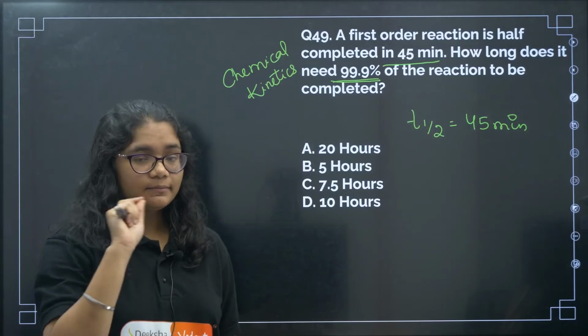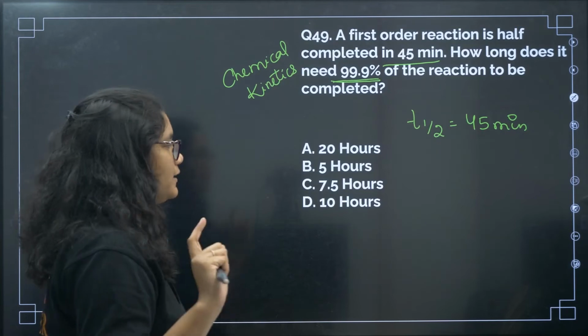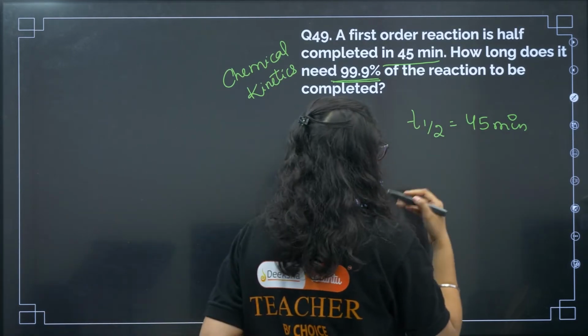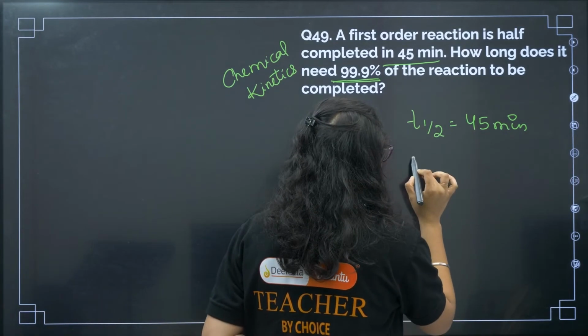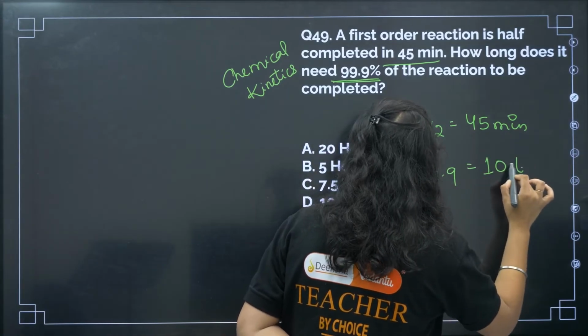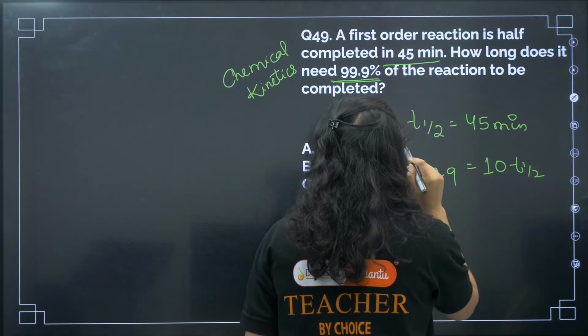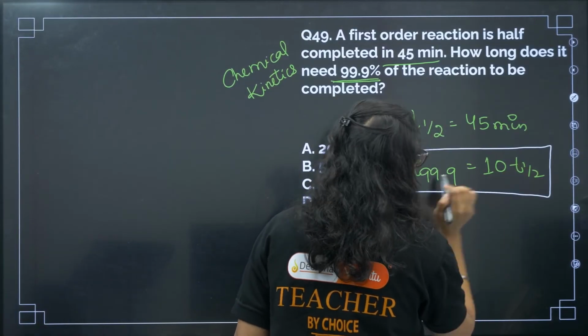This question can be done in a very lengthy way, but I'll be telling you a very, very important trick here. I think you must have done this proof many times, that T 99.9% is 10 times of T half. This formula, if you haven't remembered, you must remember, students. It will help you many a times.